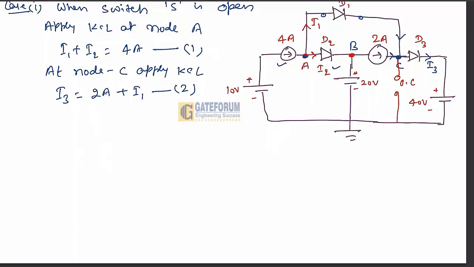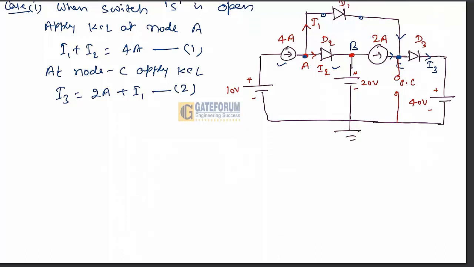So what it is saying is that I1 and I2 both cannot be 0 at a time, because the right hand side is 4 ampere. To justify this equation, I1 and I2 cannot be 0 at the same time. This indicates that the D1 and D2 diodes both cannot be off at the same time. Both cannot be reverse biased at the same time.